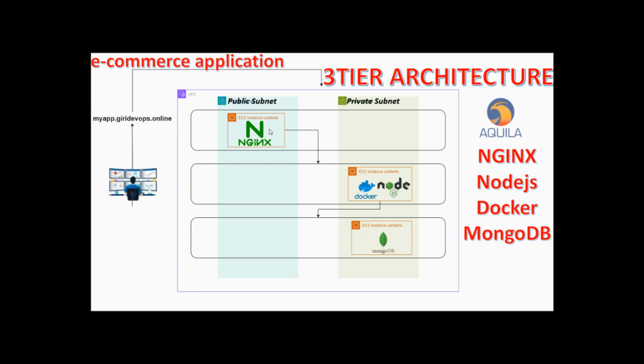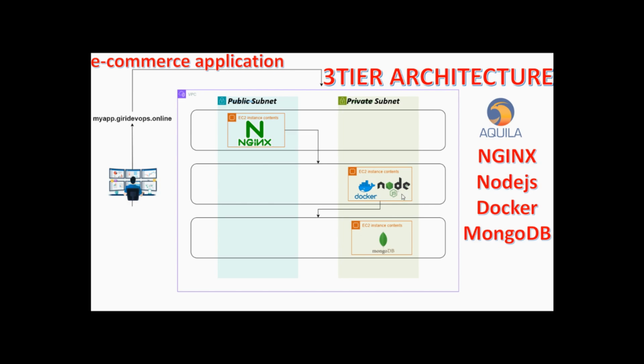Once the request reaches this server, then for business logic, if you want to purchase something or do registration, those kinds of requests will go to the business logic layer, that is this application layer. Here we are using Docker and Node.js.